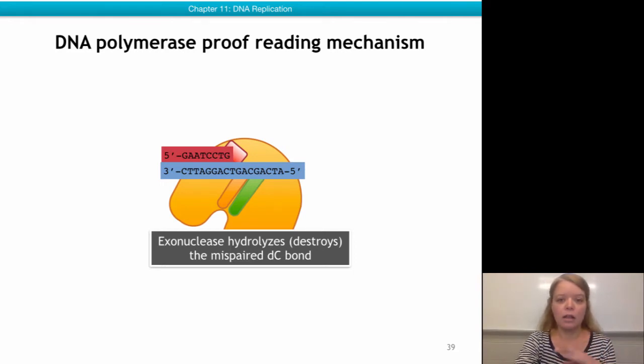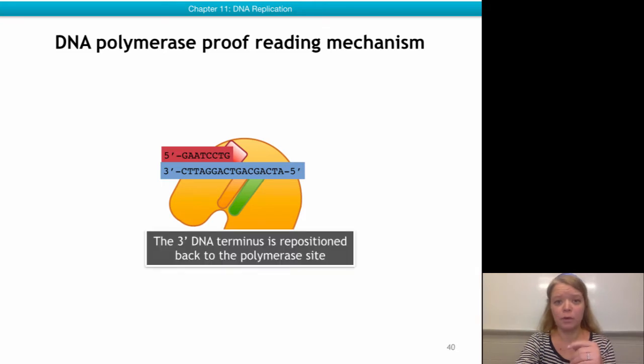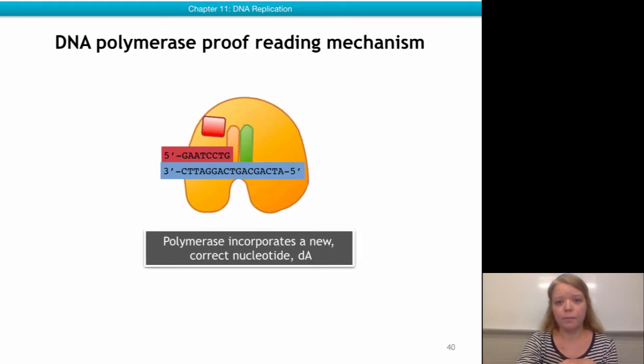And then, now that it has removed the incorrectly base paired nucleotide, the DNA polymerase will then proceed to try to add a correct new one. So the 3' DNA terminus is now going to be repositioned again back to the polymerase site of the DNA polymerase where the polymerase reaction can be catalyzed. There we go.